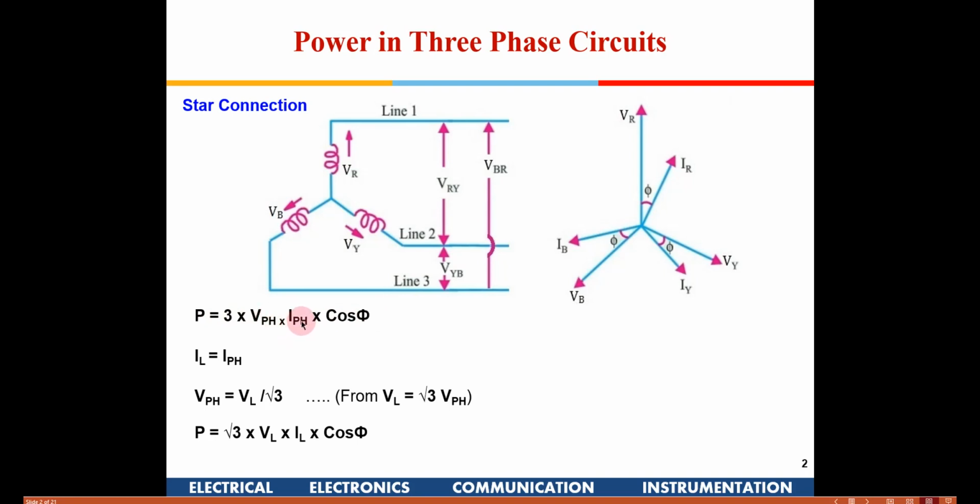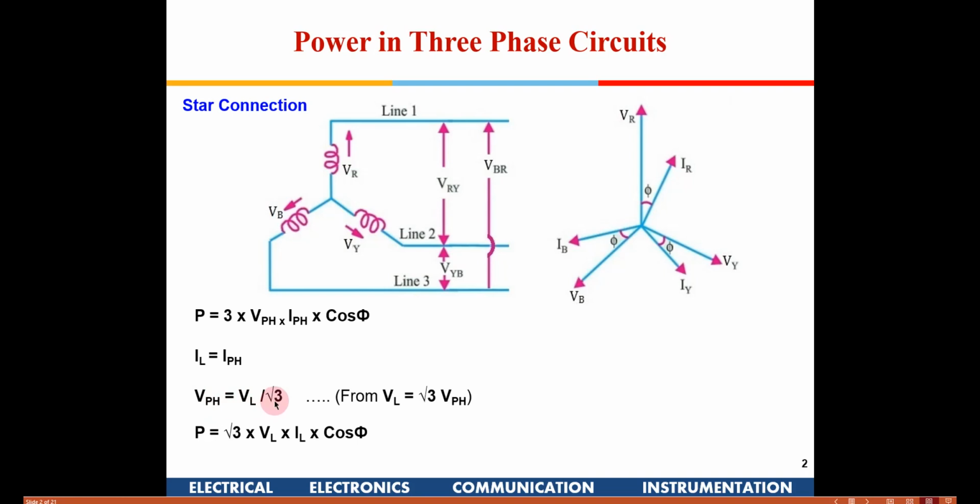Now if you want to compute power in terms of line voltage and line current, then the line current is the same as the phase current for a star, so that will remain as it is, whereas we know that the phase voltage is VL divided by √3.